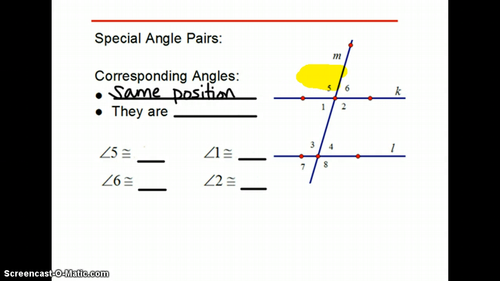For example, 5 is above line K to the left of line M. So if I go above line L to the left of the transversal, that gets me to 3. If I look at 1, it's in the bottom and to the left, and so is 7.